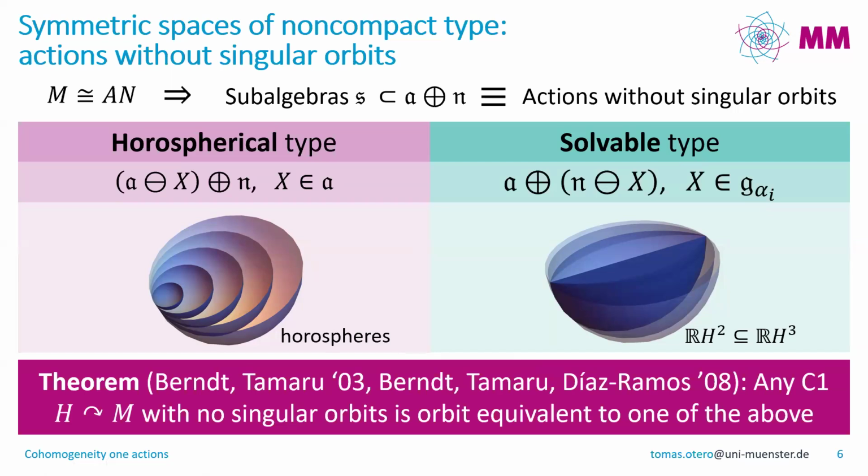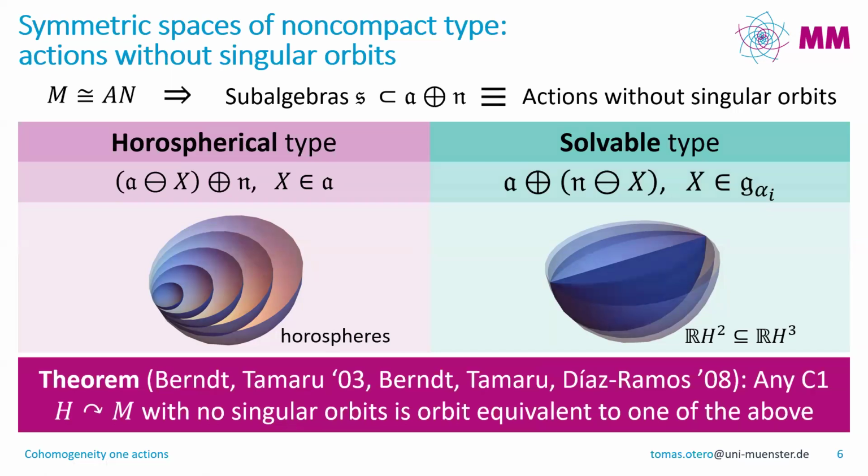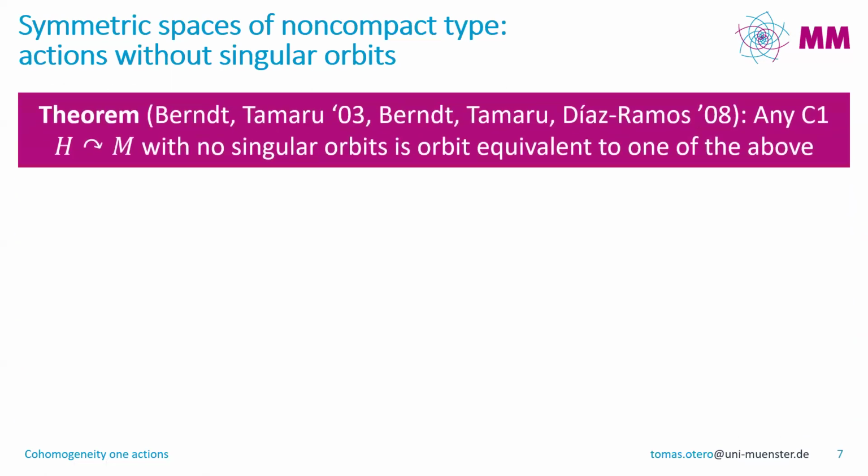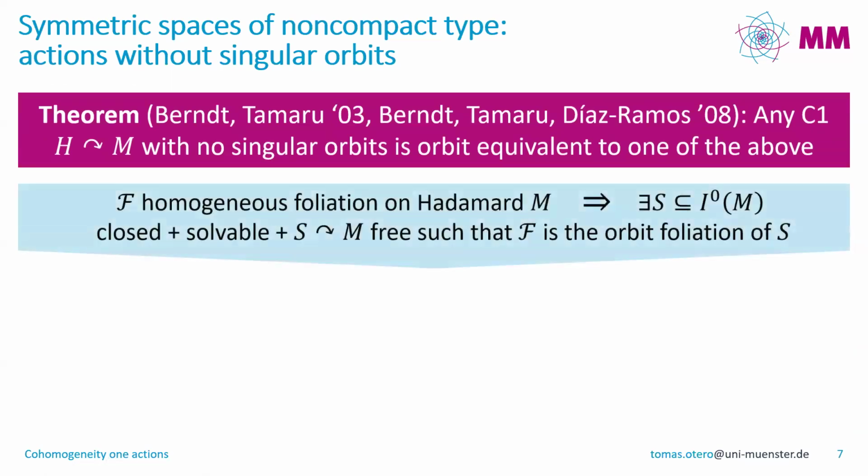Let me briefly give an outline of how you do this, maybe skipping some details. So since the action does not have singular orbits, it induces a homogeneous foliation on M. And M is Hadamard. And here there seems to be a sort of, I don't know if it's standard, but I've seen this in many places, trick.